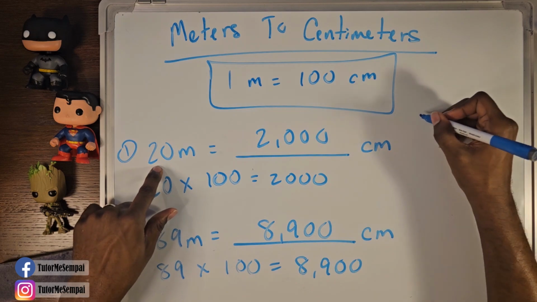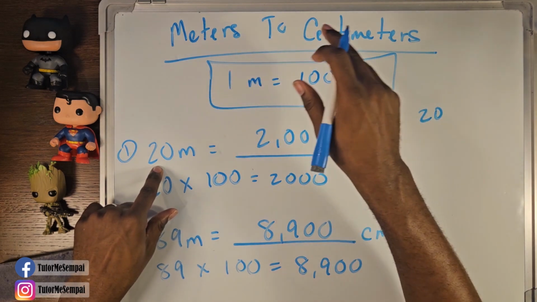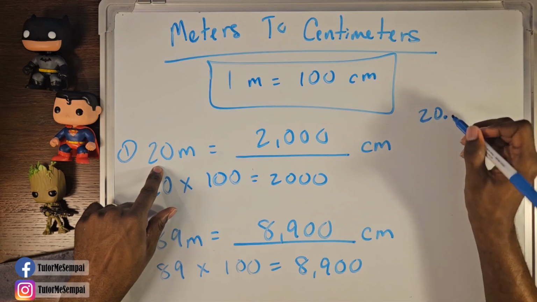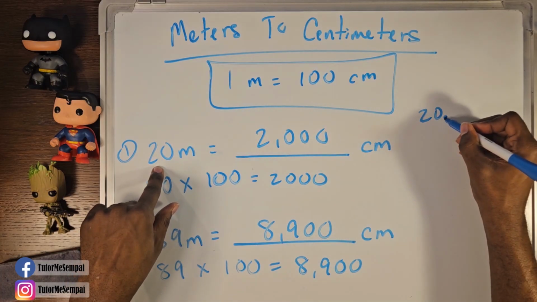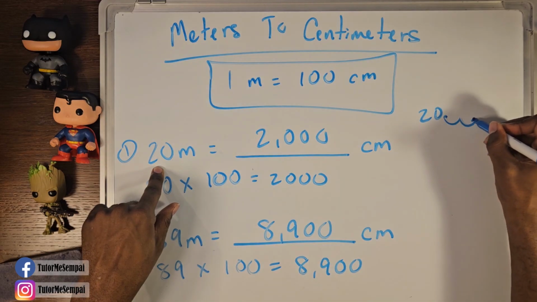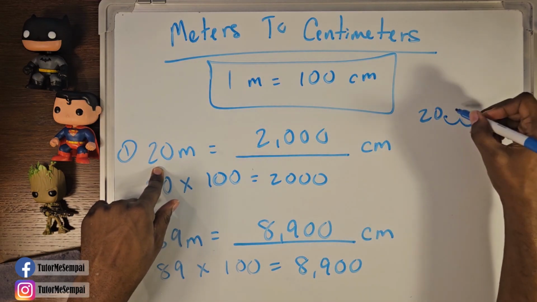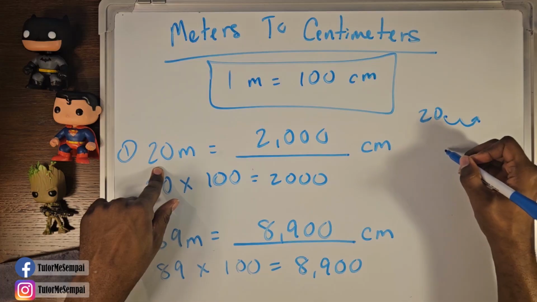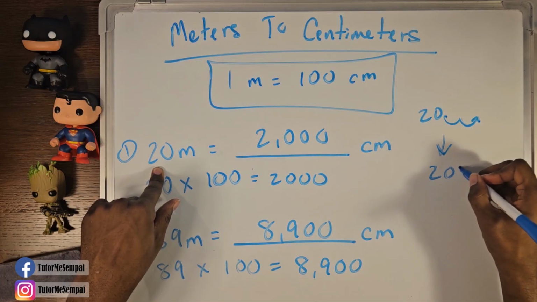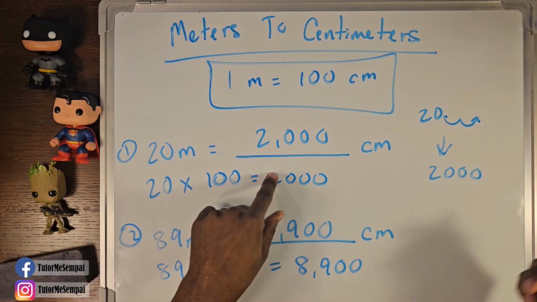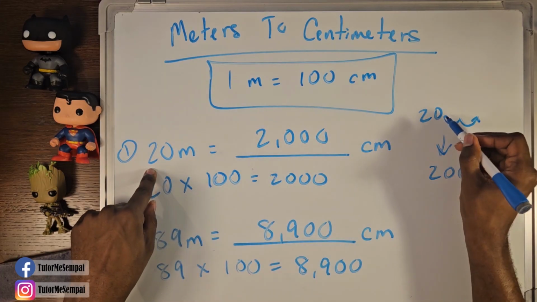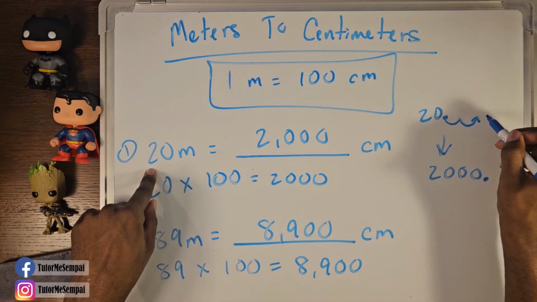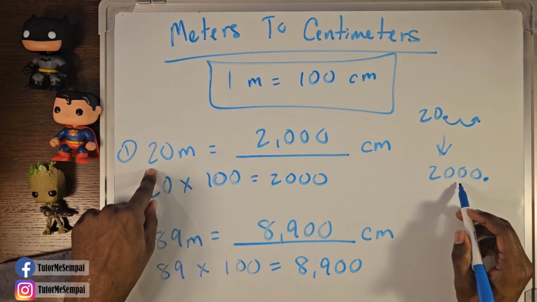And just like we did for our first section, look at the pattern here. When you're going from meters to centimeters, assuming you have the decimal there, if you don't, once again, put it there. You're going to simply move your decimal 2 spaces to the right this time, which is going to result in this case, 2,000. You start from 20, move it 2 spaces to the right, you're going to have 2,000.